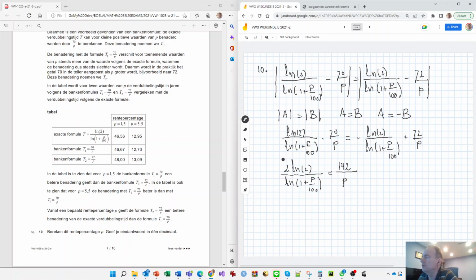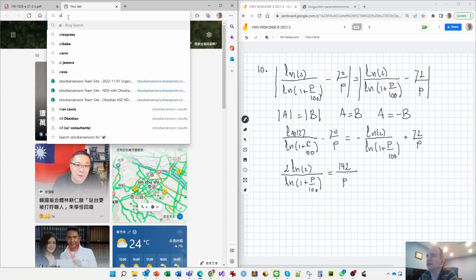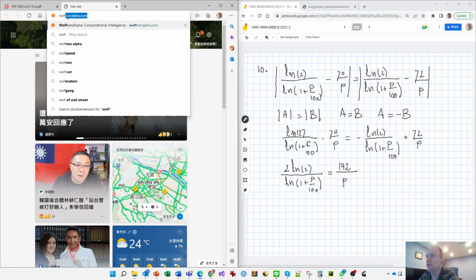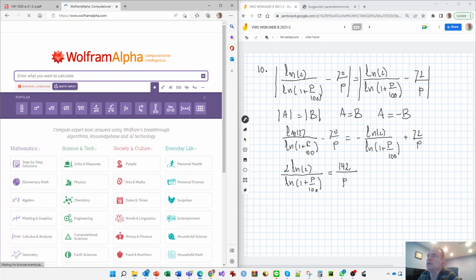Now, I think this is not done analytically anyway, so let's use Wolfram Alpha, since I don't have a graphic calculator.